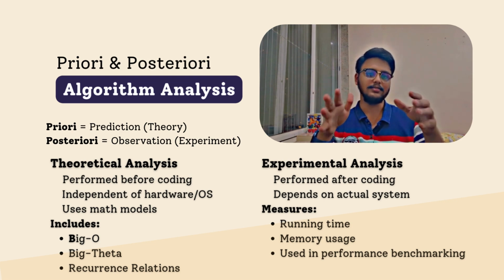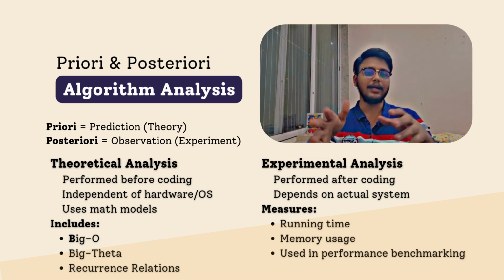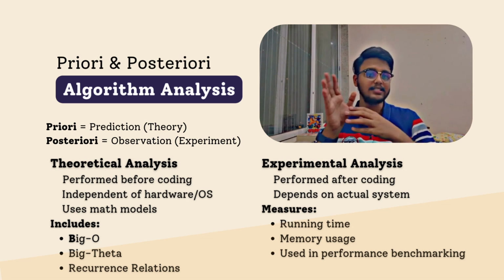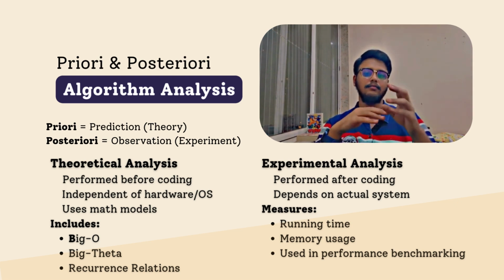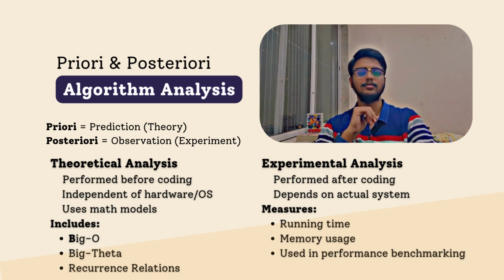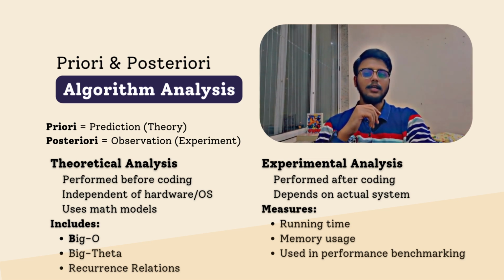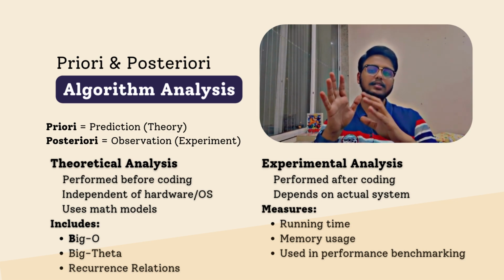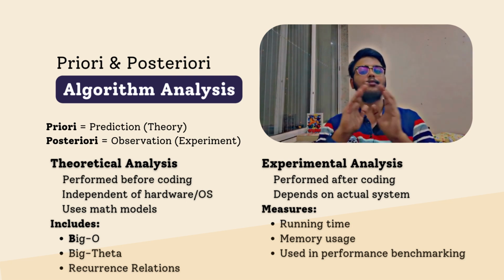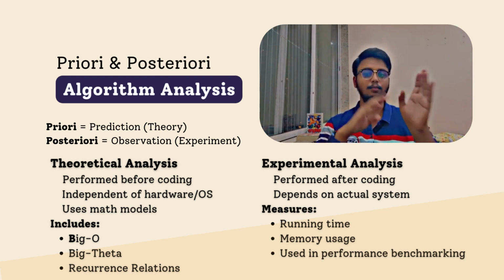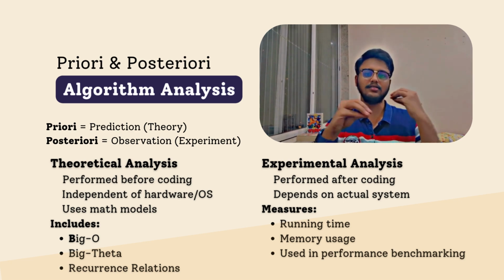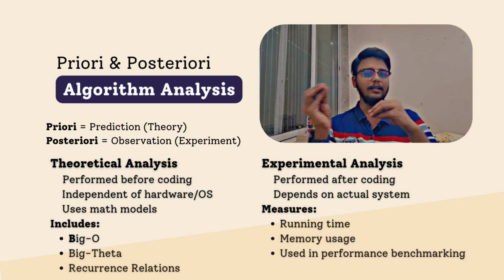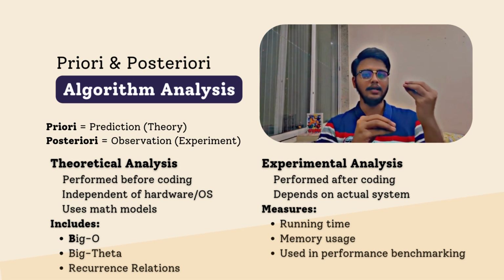This is practically used in big companies managing servers, for example Nvidia, Oracle, and these things are used in these companies only. In simpler words, priori means prediction and posteriori means observation. Both are important. One helps you understand theory, while the other tells you how the algorithm performs in the real world.